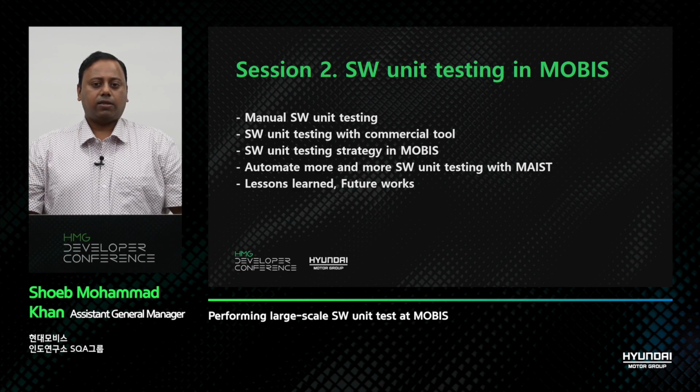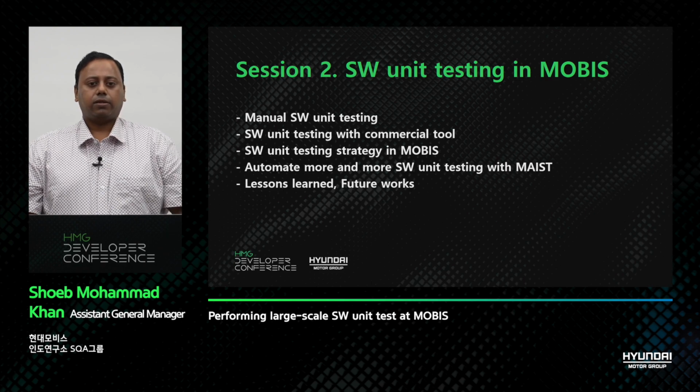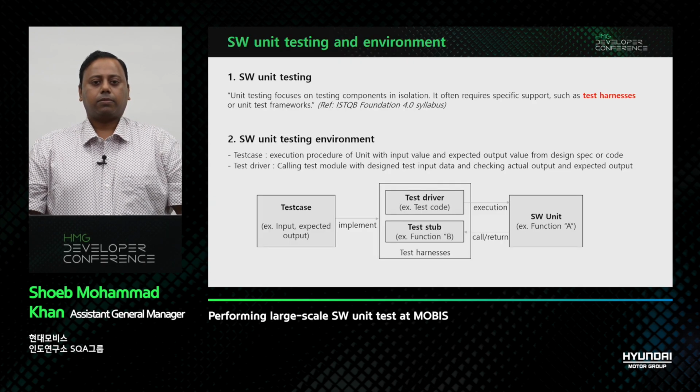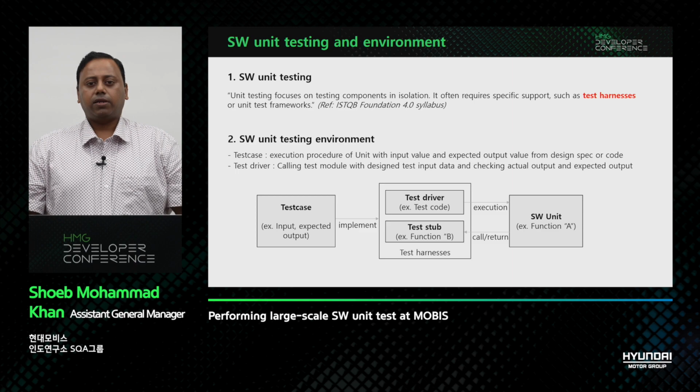Before we start this session, let us take a moment to walk through the unit test framework and its components. In software unit testing, we have seen various components required, such as test cases, test driver, test stub, and test data. Now, let us try to understand how MOBIS moved from a manual software unit test to an automated unit testing.